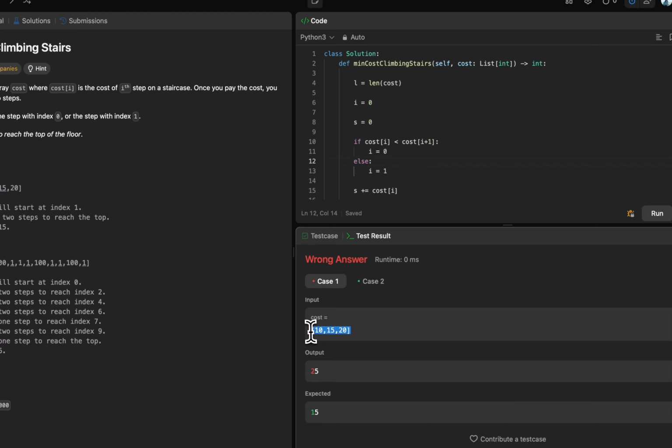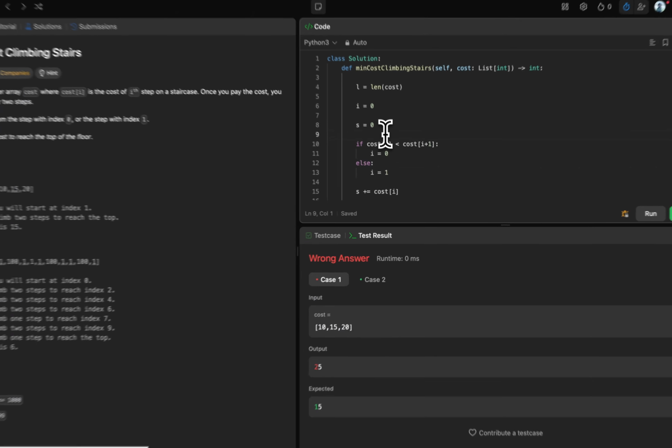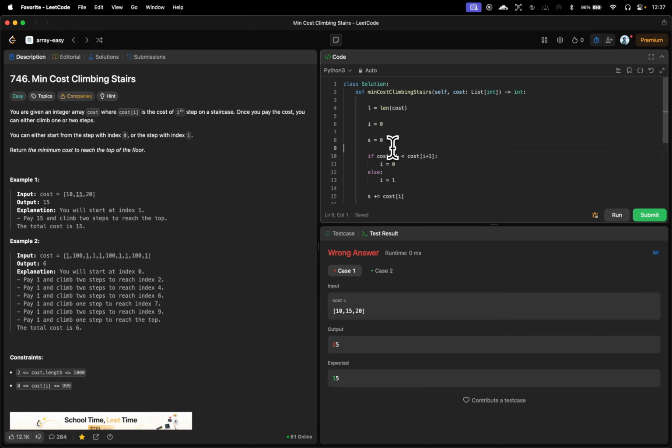I could have checked the length of the, I know the length. What is length? Half.